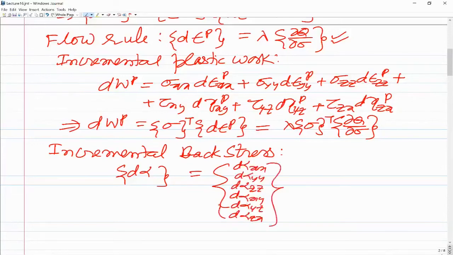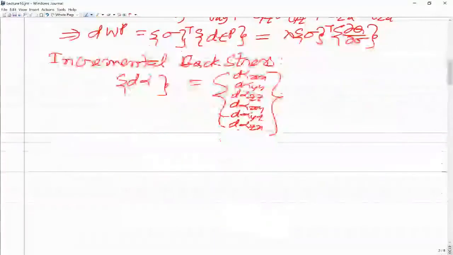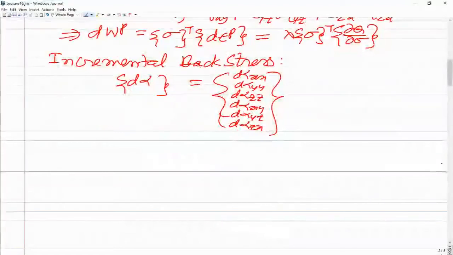So this is your incremental back stress, and we need an evolution law for it. The simplest evolution law for the back stress is Prager's rule, although there are more advanced evolution laws that you can look at in the literature of elastoplasticity. But I am going to look at the simple evolution law, known as Prager's rule.